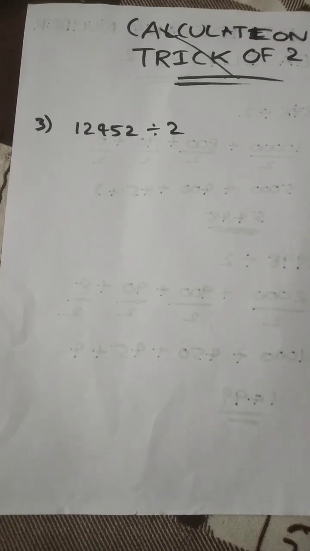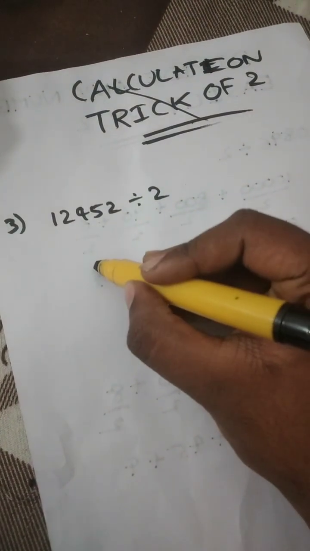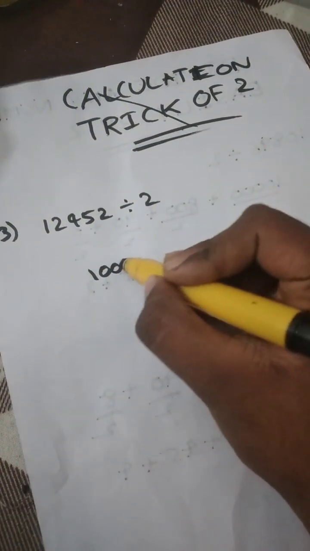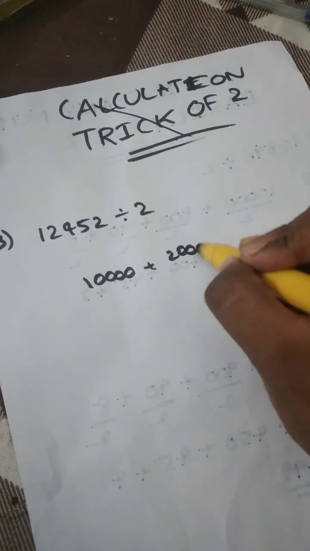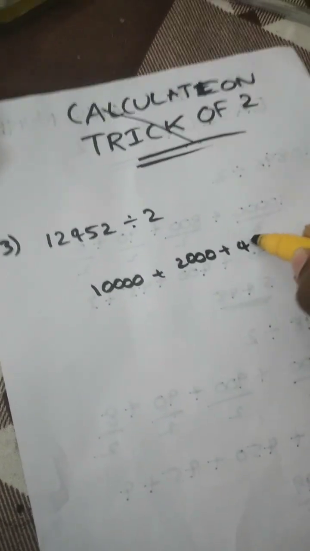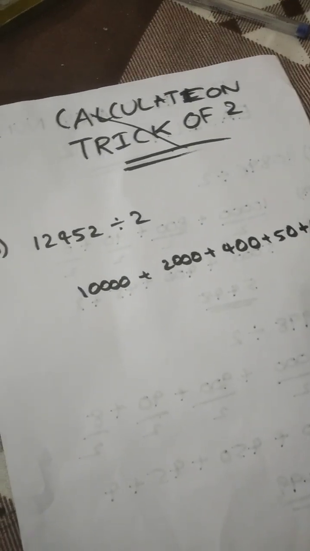12,452 divided by 2. First of all, we want to split that number into 10,000 plus 2000 plus 400 plus 50 plus 2.